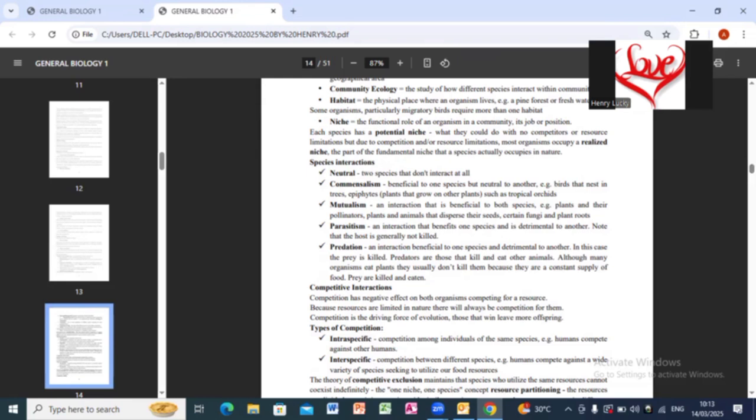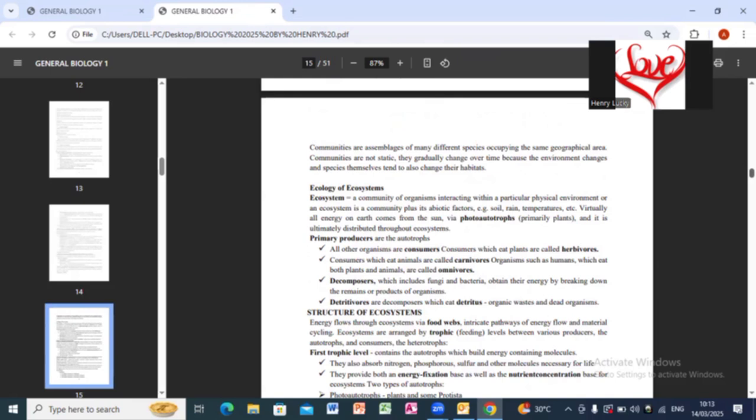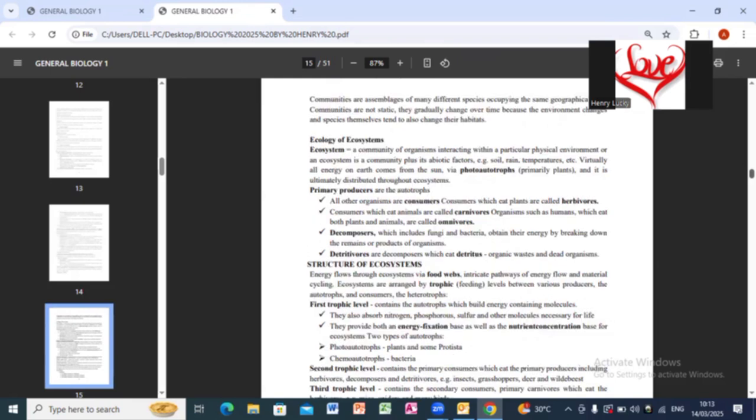So in every form of ecology, it could be a positive form of interaction or a negative form of interaction. And that is why ecology has helped us to place organisms in their respective habitats. So let's look at the ecology of an ecosystem. An ecosystem is a community of organisms interacting within a particular physical environment.